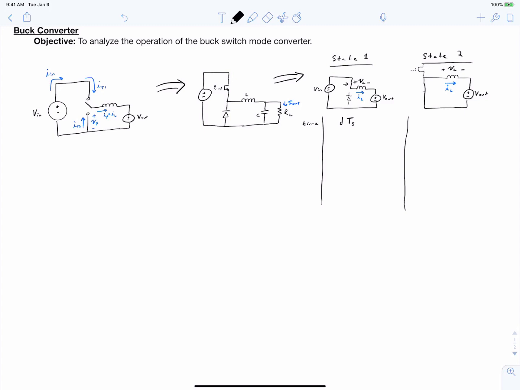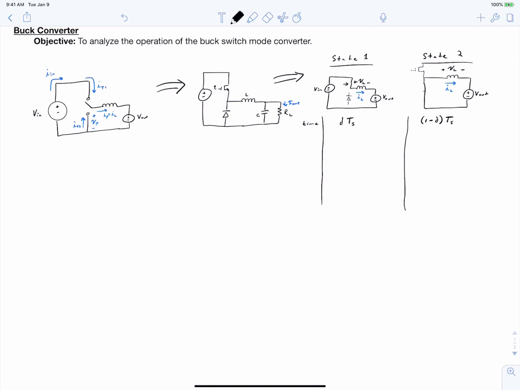So if our MOSFET is on D% of the time, that means that we are in state 1 D times TS seconds. Similarly, whenever we are not in state 1, we are in state 2, which means that we are in state 2 for 1 minus D times TS seconds per switching interval. So this means that we are either in state 1 or in state 2 at all times for our circuit.